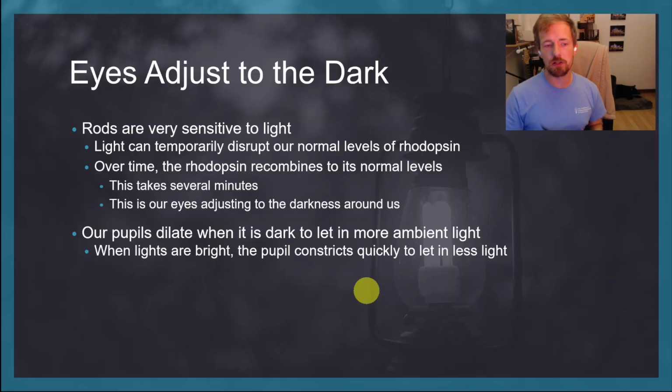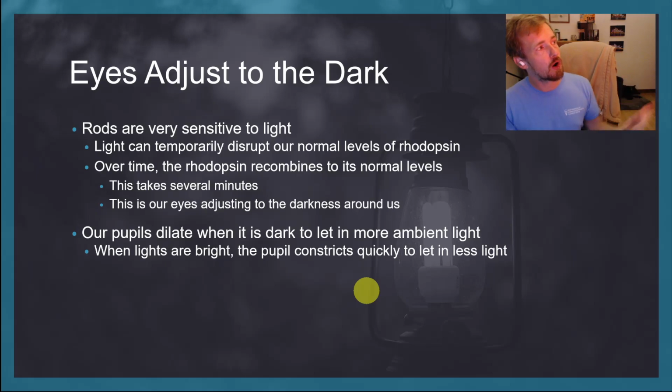I already mentioned all of this about our eyes adjusting to the dark, but that light can disrupt our ability to see. Over time, that rhodopsin can recombine itself back to its base rate, and then you're able to see. This can take about 25 minutes. And the other thing that happens along with that, so whenever you are adapting to night vision, there are two things that are happening.